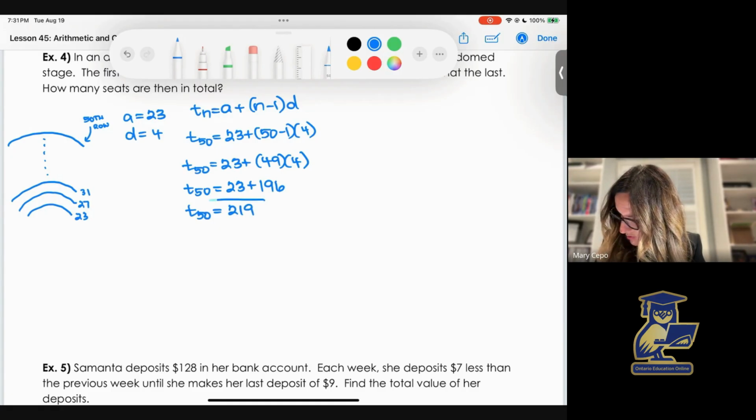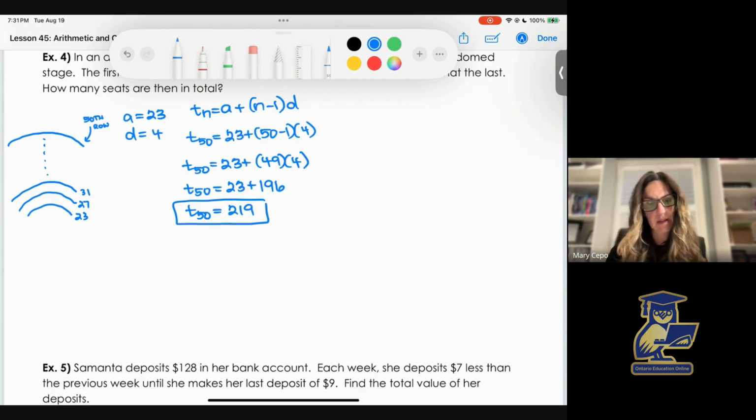So we know there are 219 seats in that last row.